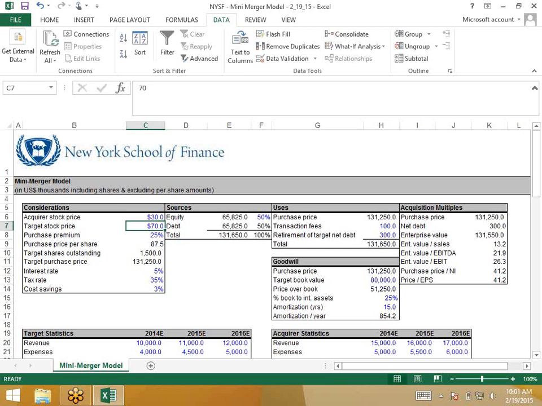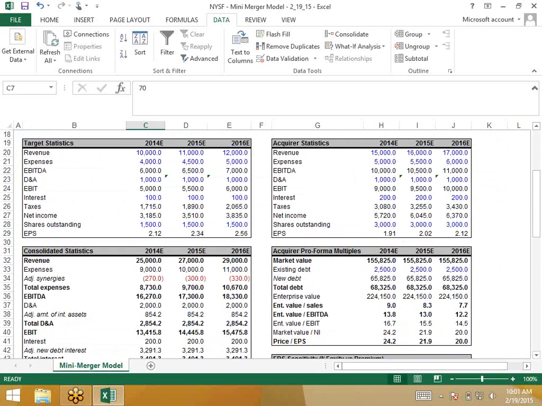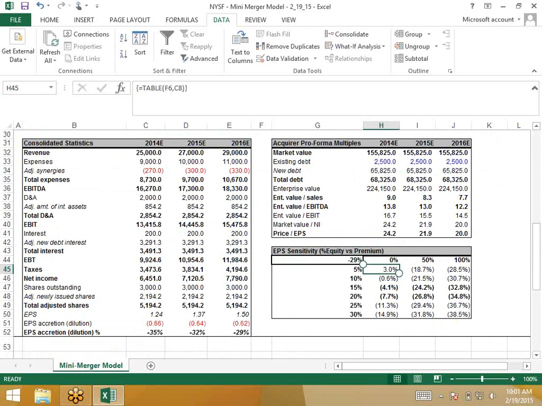If the stock price is 30, then here we see a normal trend. Notice that this column doesn't change at all because there's no equity in here. But the 100% equity case now is more dilutive. This is a standard trend because the investor is now pricing the stock commensurate with the appropriate risk.